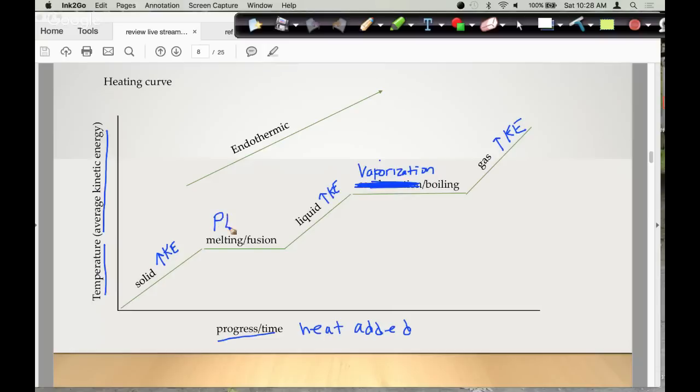When something is going through a phase change on the endothermic heating curve, the potential energy is increasing. So on the heating curve, you only have either kinetic energy changing or potential energy changing. We never have both changing.